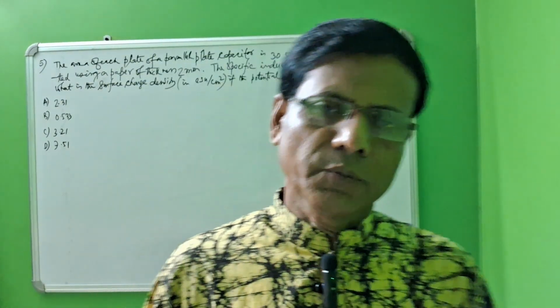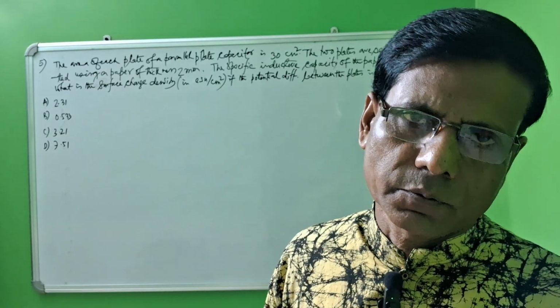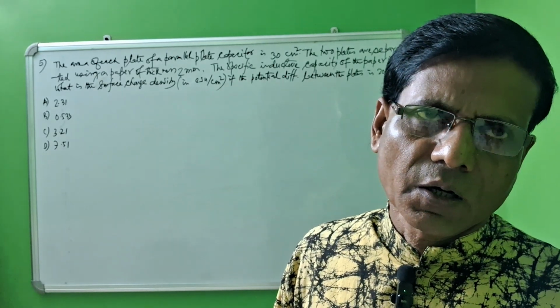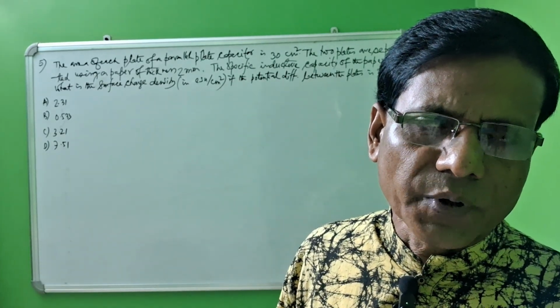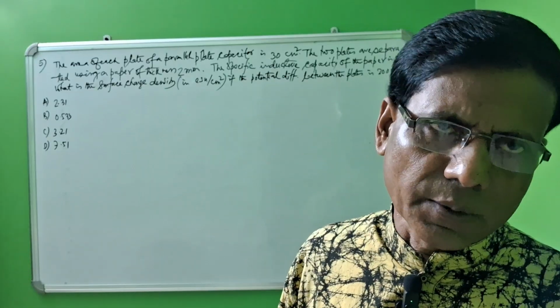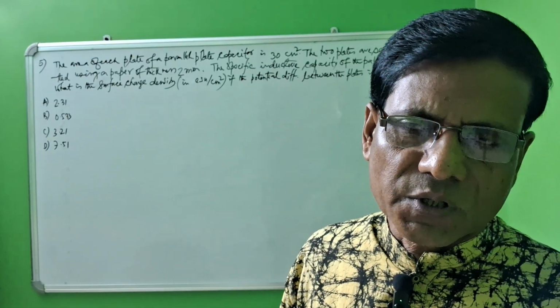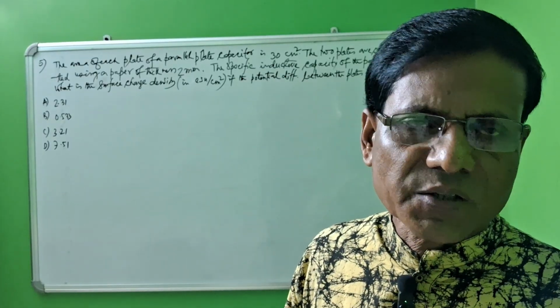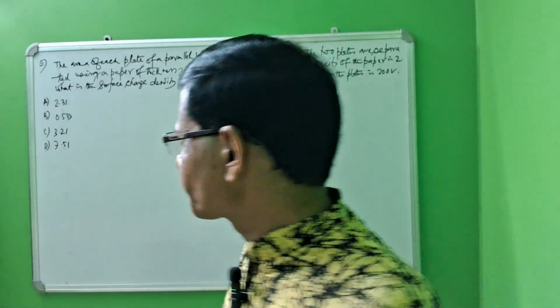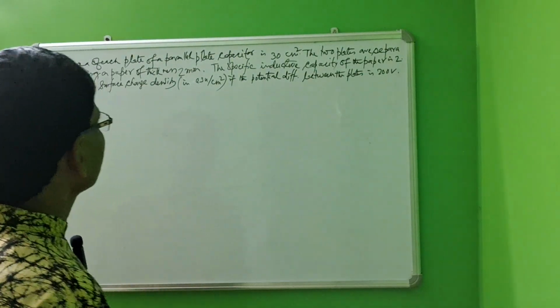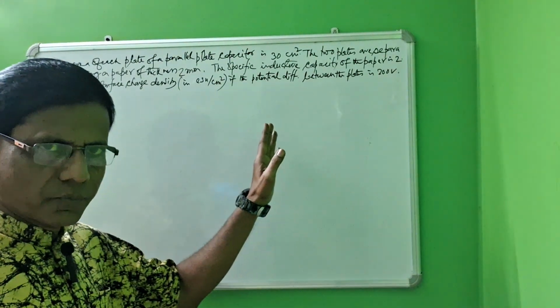This is our final problem to be solved today. The next day we finish the residual problems. After that we shall go to the next chapter, which is known as current electricity. This problem is of CGS system.